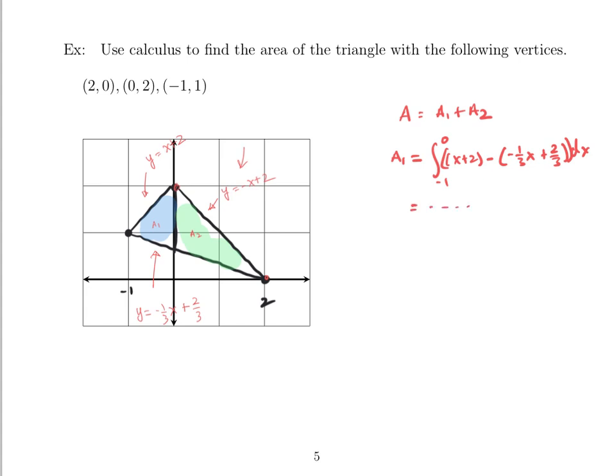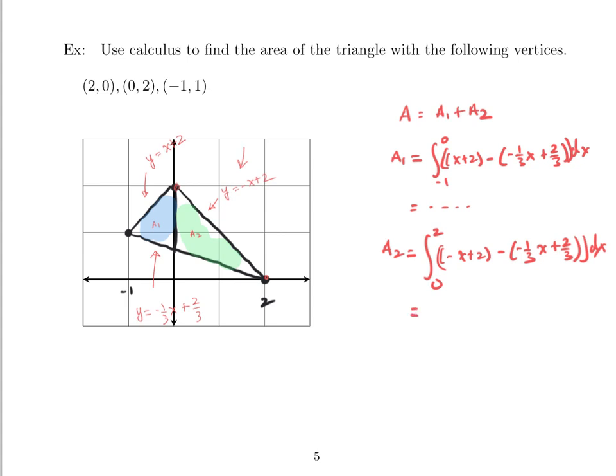And then you just need to integrate that. Should be straightforward. And then area 2 is going to be the green part. This is the top, this is the bottom. So it's going to be now minus x plus 2 from 0 to 2, then minus 1/3 x plus 2/3. These integrals are relatively very easy to do.